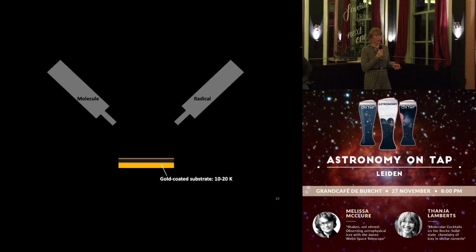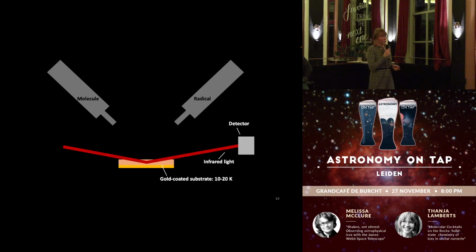The surface is very cold, so they stick, and they form an icy layer. Some chemistry takes place, and then we can make use of infrared spectroscopy to probe what happens on these surfaces. Just to remind you, in case you forgot, this is the cocktail that we are making here. And we can use infrared spectroscopy simply to see which molecules we have actually formed.